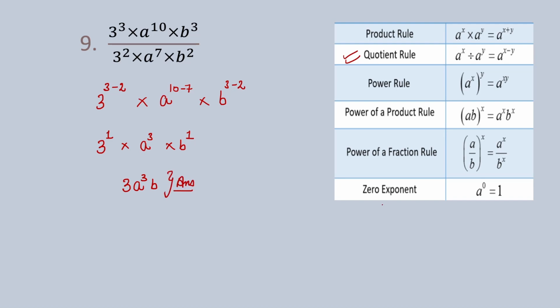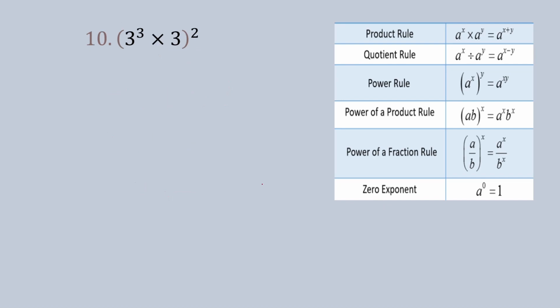So moving to our last question, which says 3 raised to the power 3 into 3. We have a bracket, so first we will solve bracket, where we can apply our product rule. Bases are same, we can add the exponent. No exponent is present, that means 1 is present always.